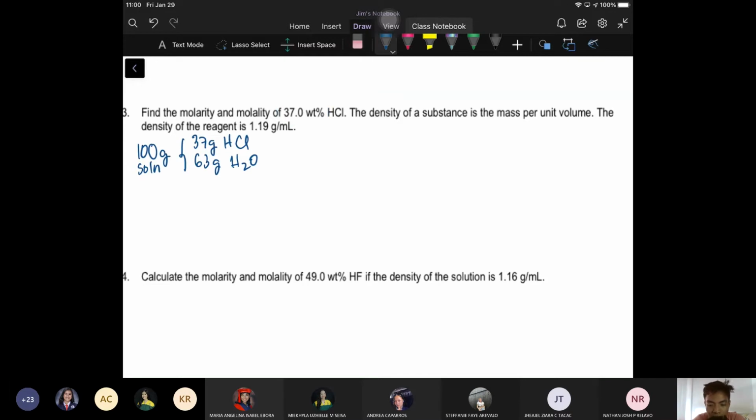Ngayon, gamitin naman natin yung density. So, to convert the mass into volume, we need to use the density formula. So that's density equals mass over volume. Okay, so since we are looking for volume, we cross multiply yung D pati yung V. So we get M over D. So that's mass divided by the density.